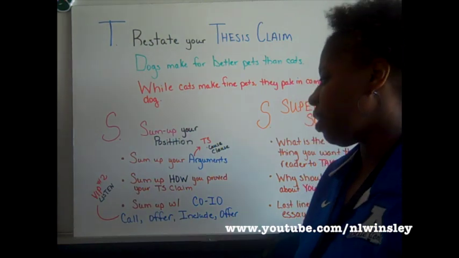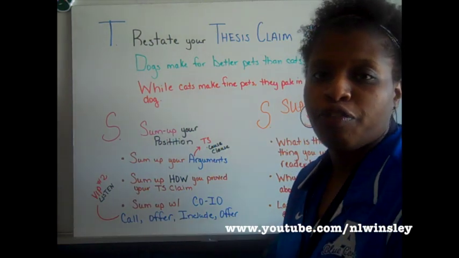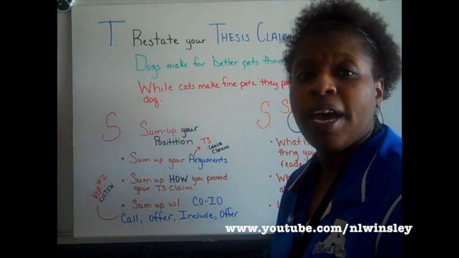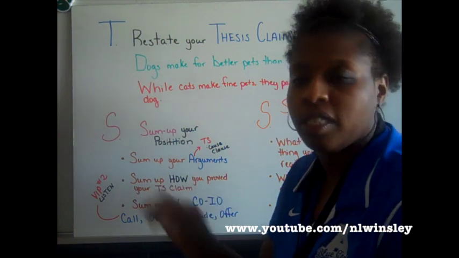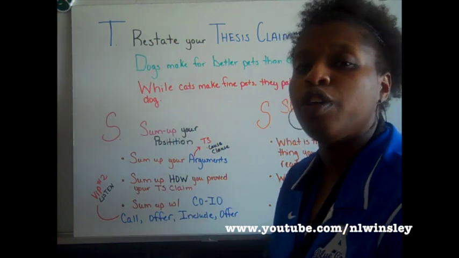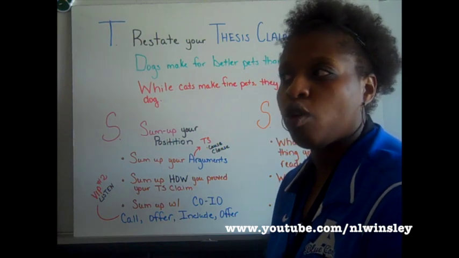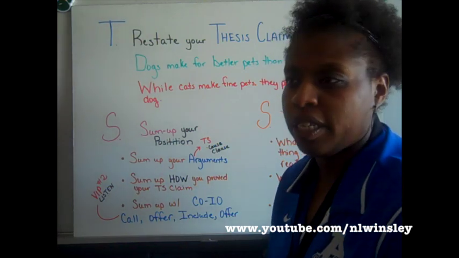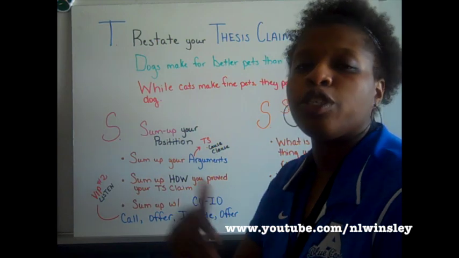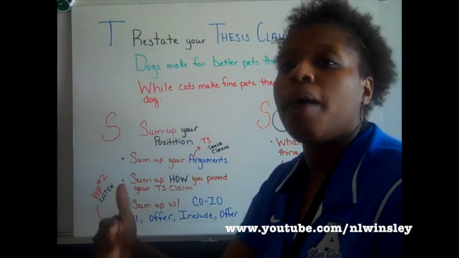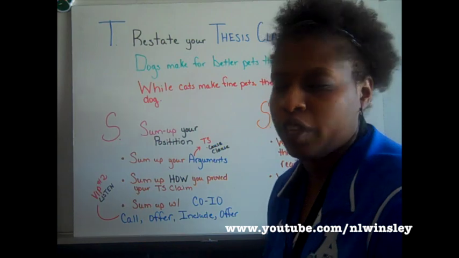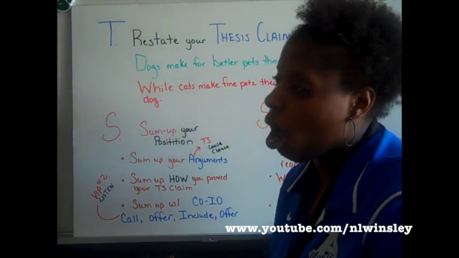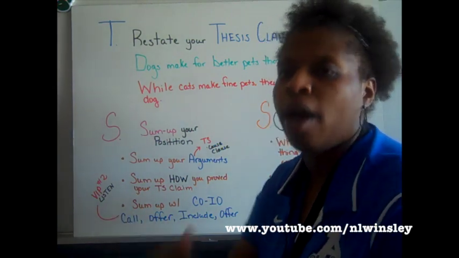The next sum up is sum up how you proved your thesis statement claim. This is where you basically give the reader a chronological step of how you proved your point was correct or your point was valid. So you could say, first, by showing this, this was proven. Second, by showing that, this was shown.